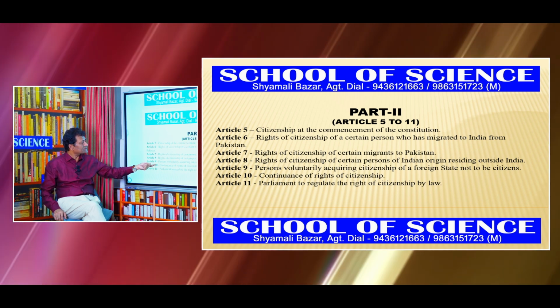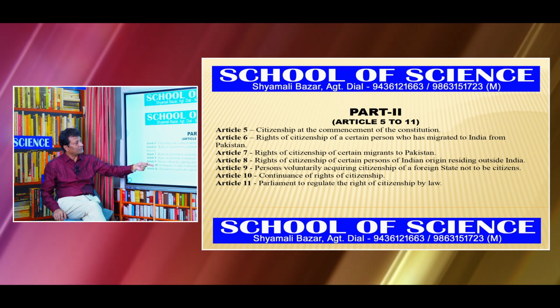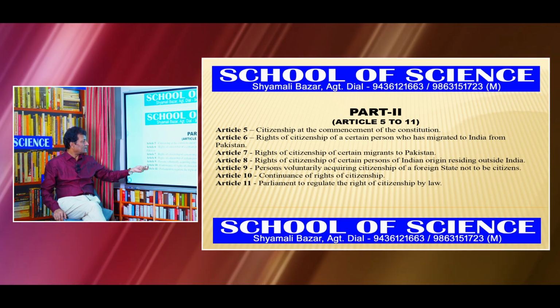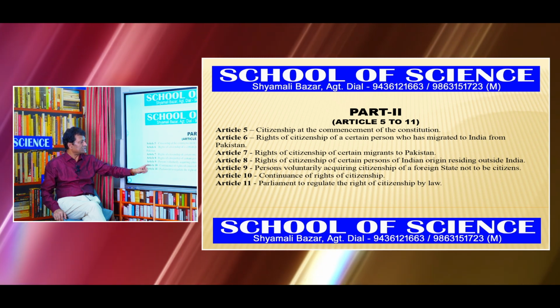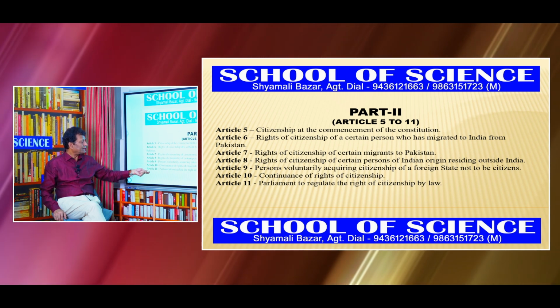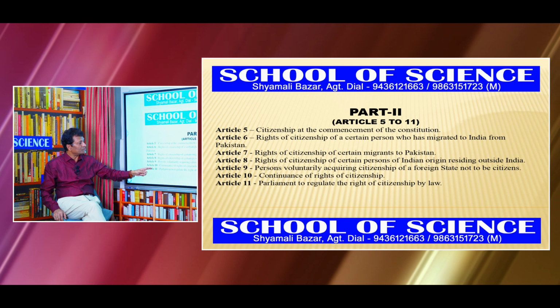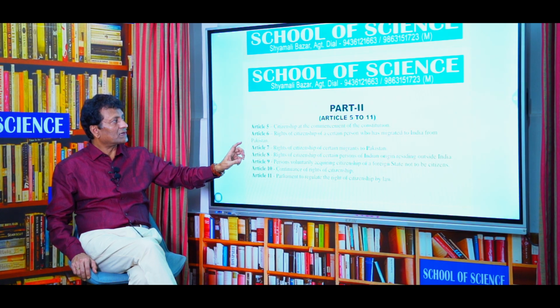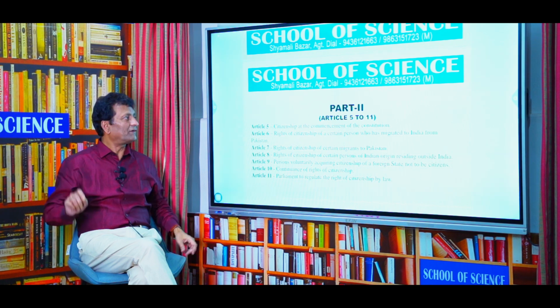Article 9, persons voluntarily acquiring citizenship of a foreign state not to be citizens. Article 10, continuance of rights of citizenship. And Article 11, Parliament to regulate the right of citizenship by law. So this is part 2 consisting of Article 5 to 11.